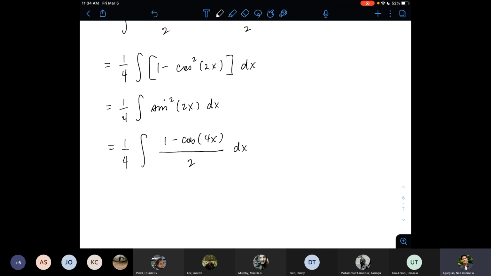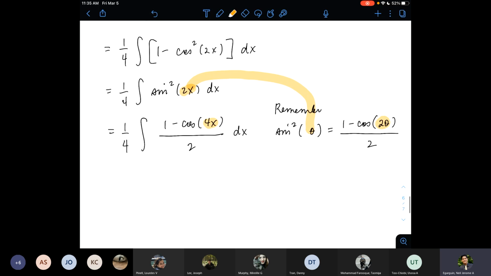Again, this is by the half angle identity, because remember that sine squared of theta is equal to (1 minus cosine of 2 theta) all over 2, right? Now, I have sine 2x here, so that means that's my theta. So for the cosine, I need twice the theta. Our theta is 2x, so twice of that is 4x. That's why I got this, okay?